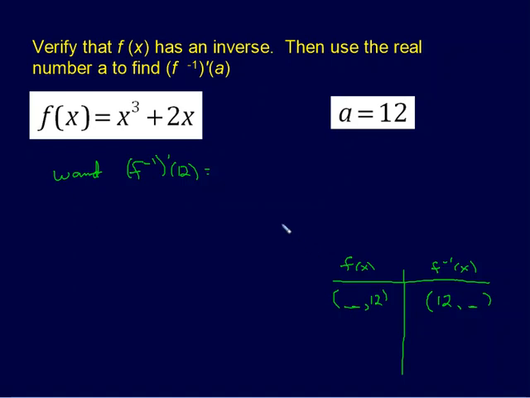Well, let's do this by guessing and checking, or just by observation again. 1 cubed plus 2 times 1 does not make 12. However, if I try 2, 2 cubed plus 2 times 2 is 8 plus 4, and that makes 12. So I can tell by a few guess and check attempts that f inverse of 12 is 2.